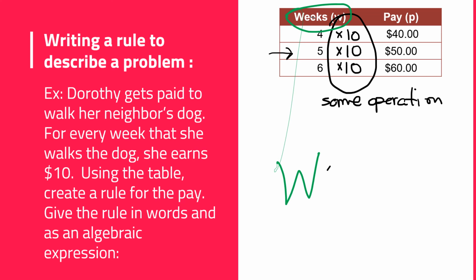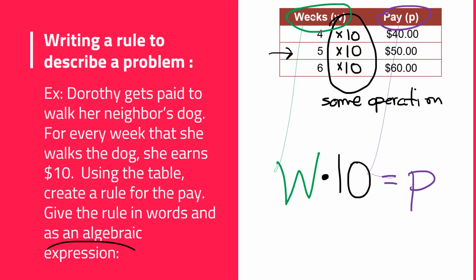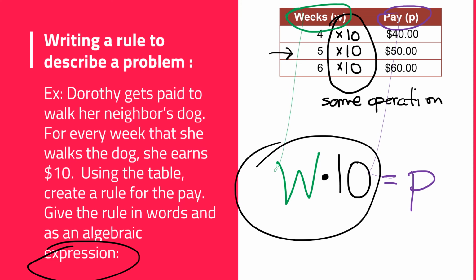And we decided we're going to times by 10. Now, I don't like that little X there, right? So I'm going to change that to a dot. And what that does is that equals the pay, the P. So that's going to equal P. Now, because I'm looking for an expression, you actually only need this part. Which means, FYI, you could also write it as 10W.